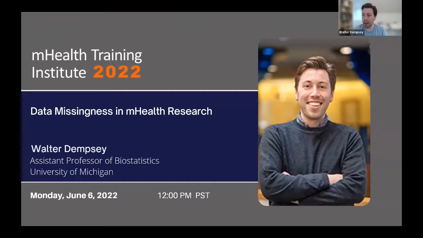I know the background is quite diverse as part of the program. So what I thought I'd do today is a mix of overview. So what kinds of missing data could you expect to see in a mobile health setting? Some basic missing data methods, so things like multiple imputation using chained equations, this program called MICE.